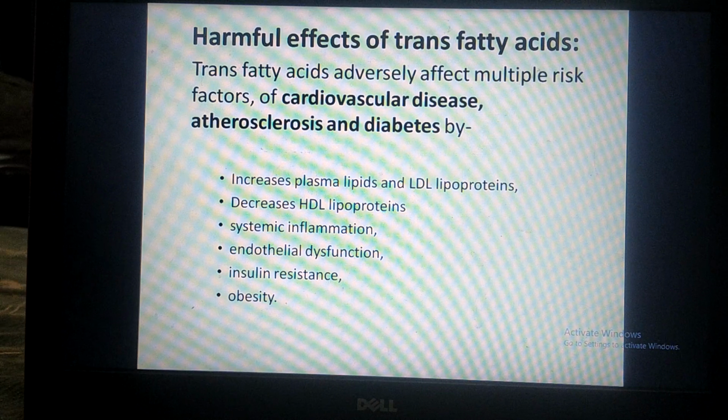In this case, they increase the plasma lipids and LDL lipoprotein, which is a bad lipoprotein. They decrease HDL lipoprotein. They cause systemic inflammation, particularly in the blood vessels, leading to damage to the endothelial cells. They also cause endothelial dysfunction, insulin resistance and obesity.